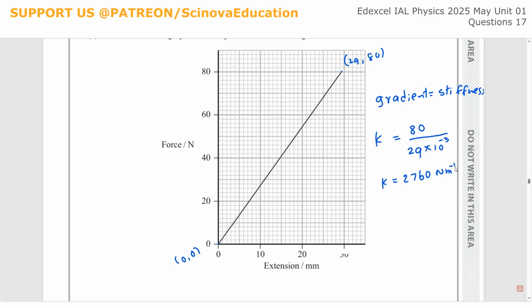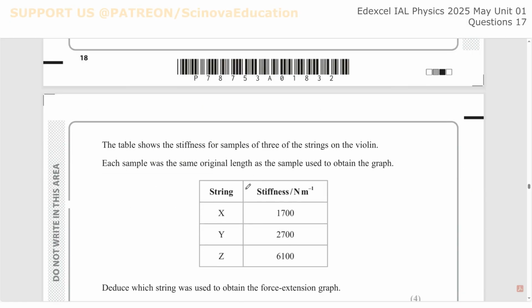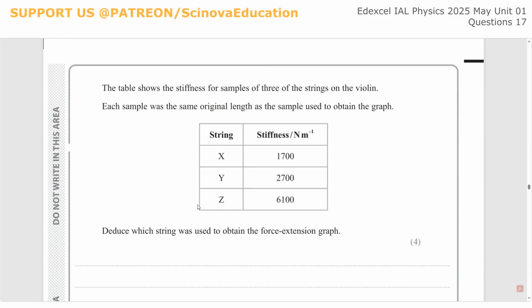Now, if we compare this value with the values given in the table, we can see the approximate stiffness is for string Y. So the sample that is being used must be sample Y.